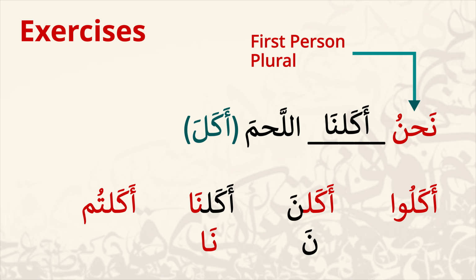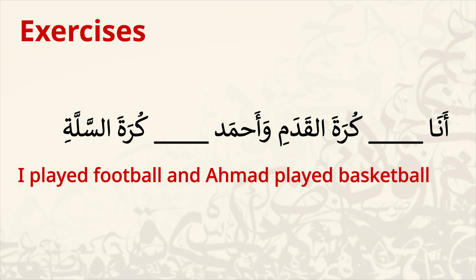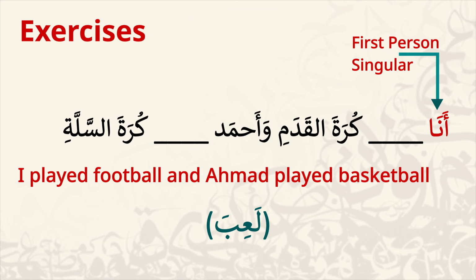The second question, أنا space كرة القدم وأحمد space كرة السلة. Two conjugations are required here. What are they? Let's first locate the main subject for each one. The first one is easy, أنا, and the second sentence has the subject Ahmed, which is a third-person masculine singular.